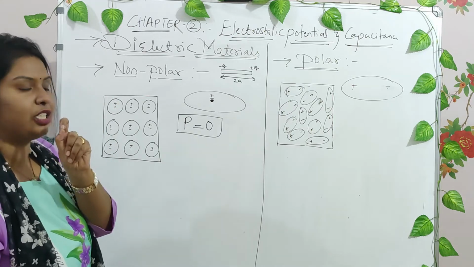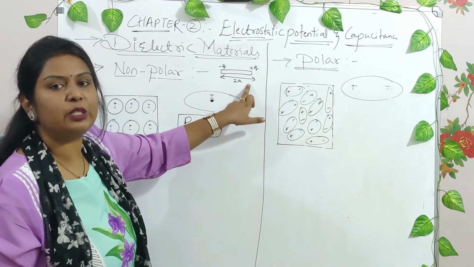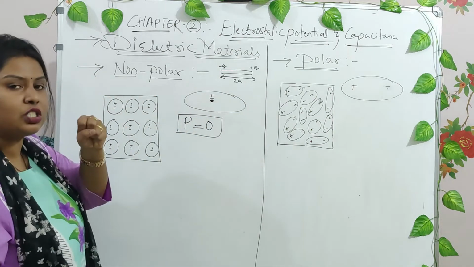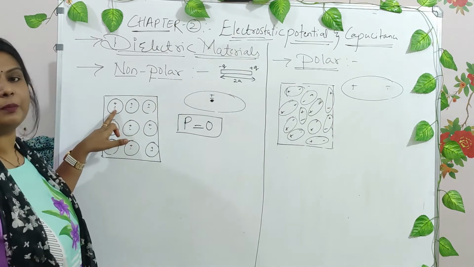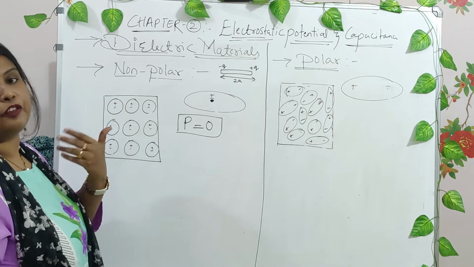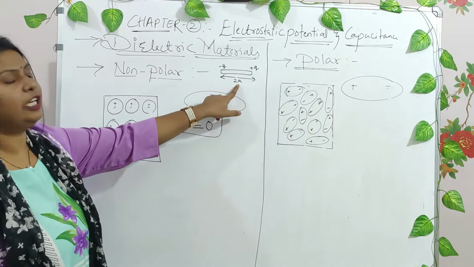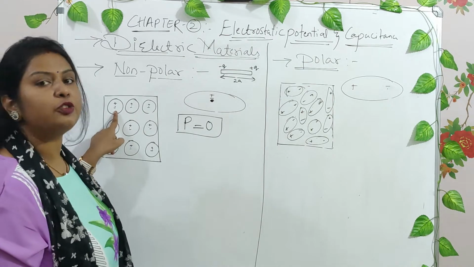Whenever you have a dipole, there is a distance between positive and negative. But here there is no distance between positive and negative. They are very near and very close to each other, and hence they do not share different centers, and 2a, the distance between the positive and negative, is equal to 0, and hence there is no dipole. Such materials are called non-polar.